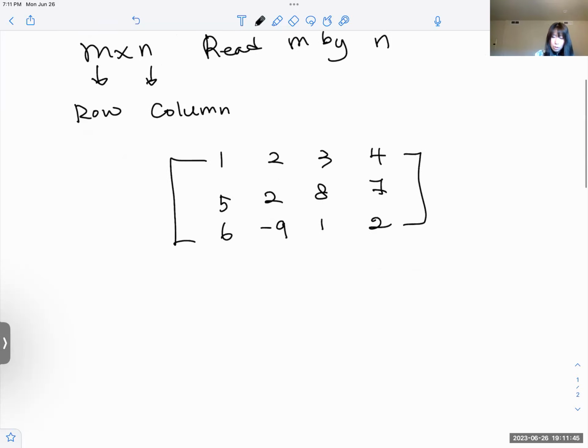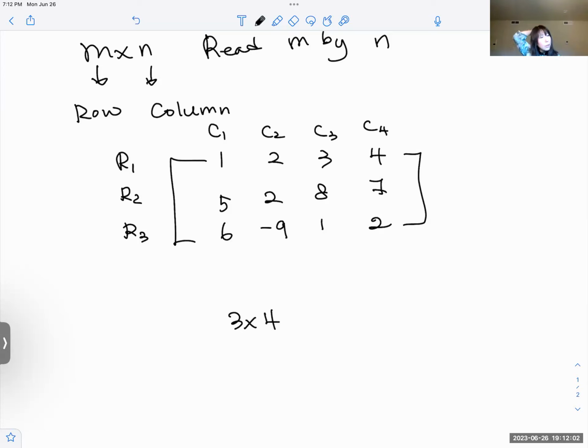So 3 rows, 1, 2, 3, and column 1, column 2, column 3, column 4. So it's a 3 by 4 matrix, okay?